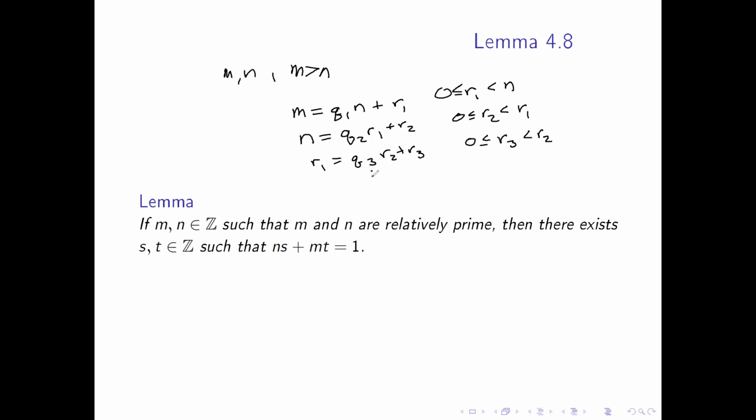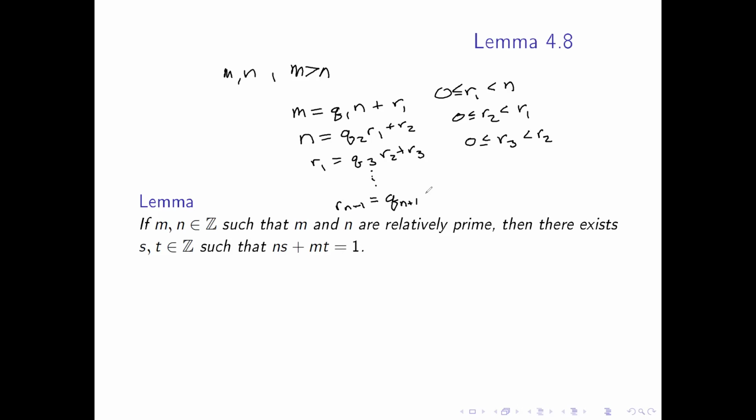If we keep going on down, we get Rn minus 1 is equal to Qn plus 1.